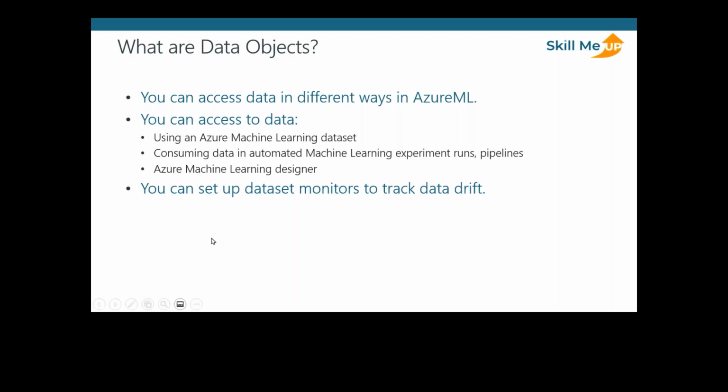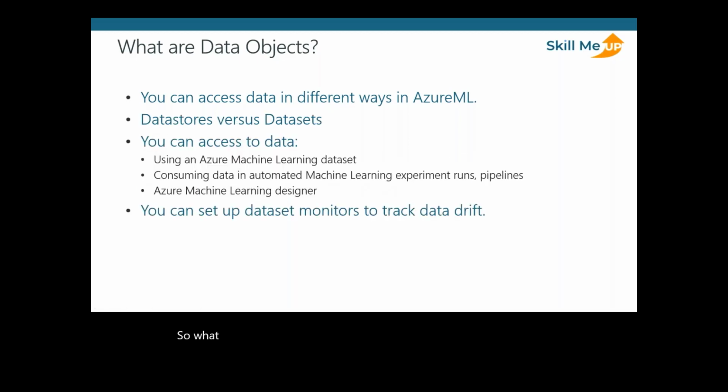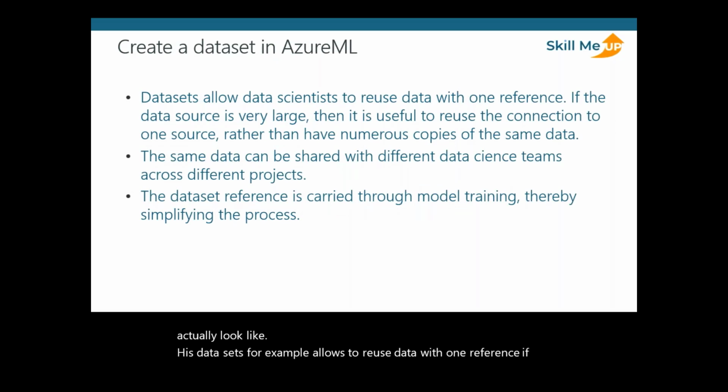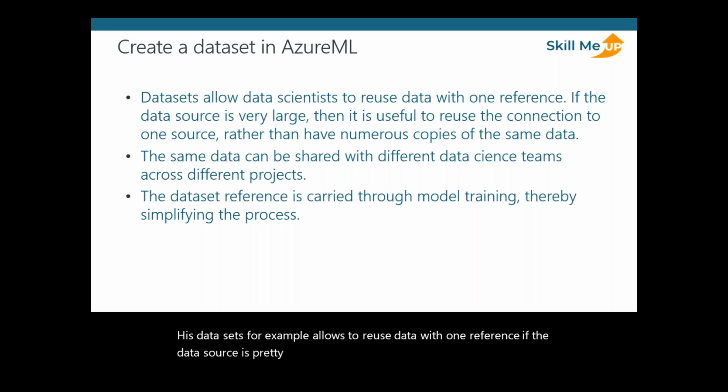Okay. So what we can do now is think about what data objects actually look like. Because datasets, for example, allow us to reuse data with one reference. If the data source is pretty large, then it's not a trivial task to copy and change datasets all the time. What we can do is reuse the datasets in Azure and use them as part of different experiments.